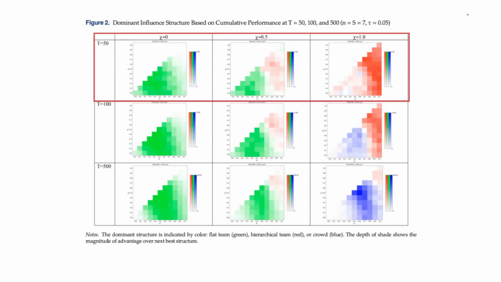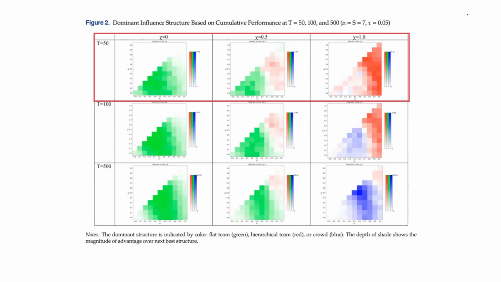Right. And we have 9 different groups here. On the y-axis is the time length. So t equals 50 means a short time frame. Then t equals 100 means a longer one. t equals 500 means it's a long run. So short run and long run on the y-axis. The x-axis is the x parameter I just talked about, meaning how important coordination is in this task.